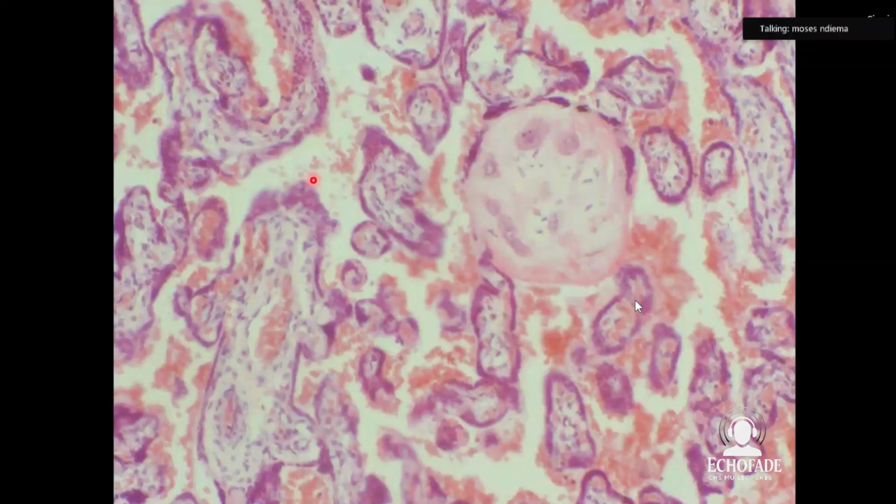And then the mesenchyme tissue, the intermediate intraembryonic mesoderm, now penetrates into the primary chorionic villi to form the secondary chorionic villi. So there's differentiation of that mesenchyme tissue and the blood vessels that now form the tertiary chorionic villi.